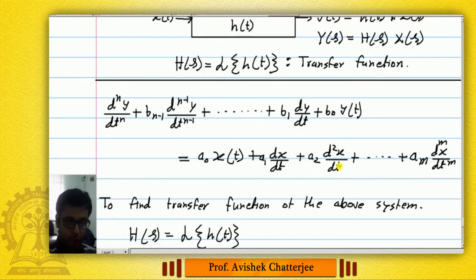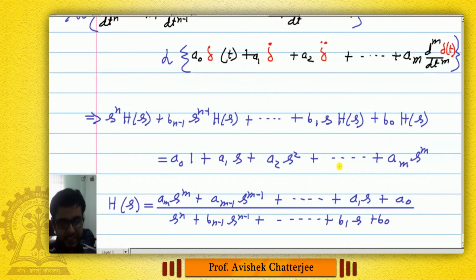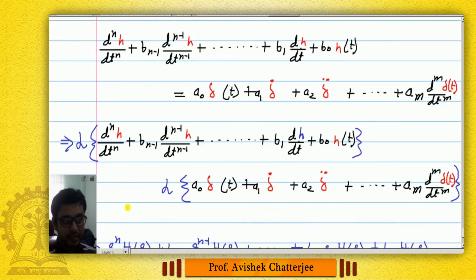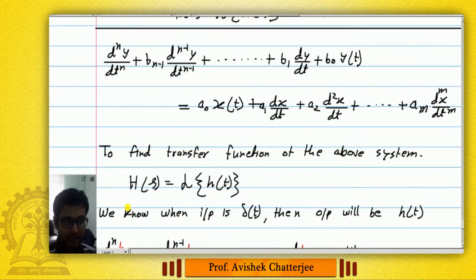So you see that it is quite easy to get transfer function directly without calculating the impulse response first when the system is given by a differential equation like this.